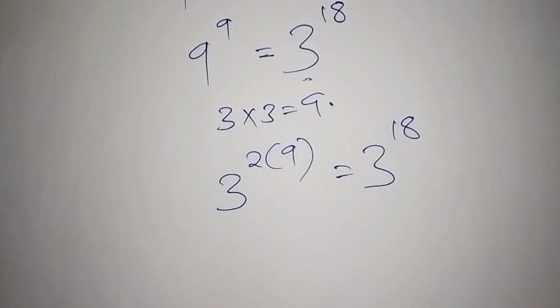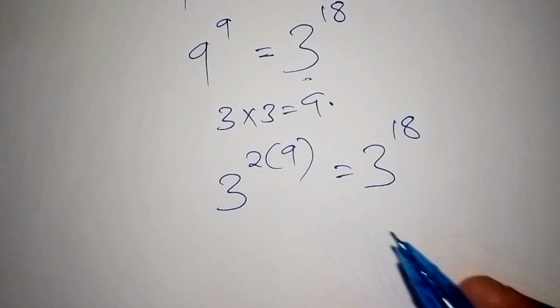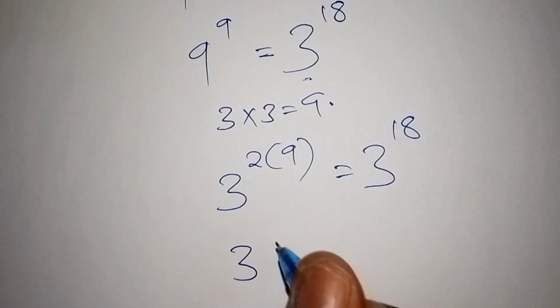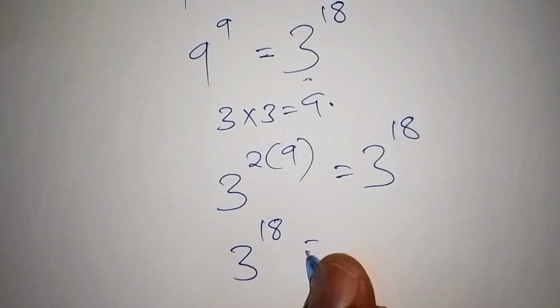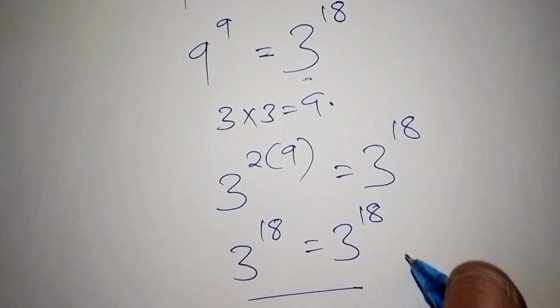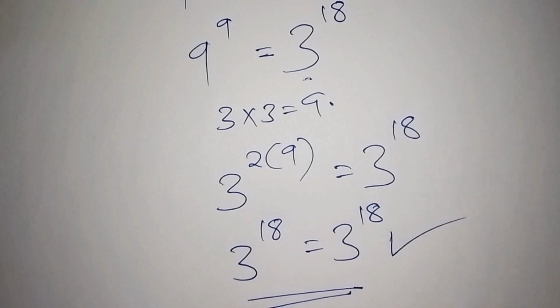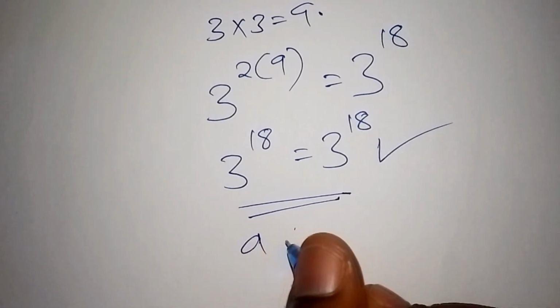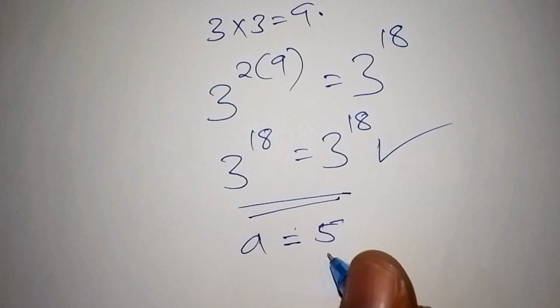What is 2 multiplied by 9? 2 multiplied by 9 is 18. So now we have 3 to the power of 18 is equal to 3 to the power of 18, meaning that we are very correct when we conclude that our value for a is equal to 5.